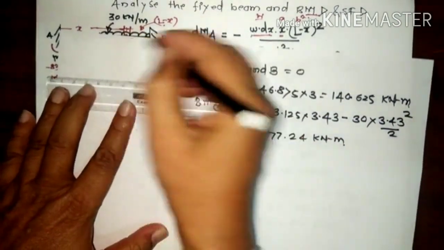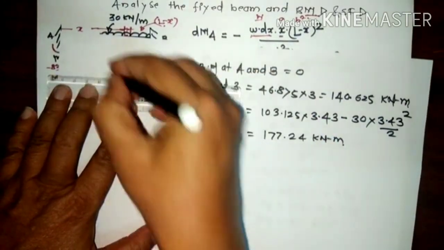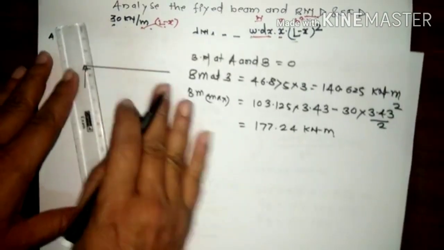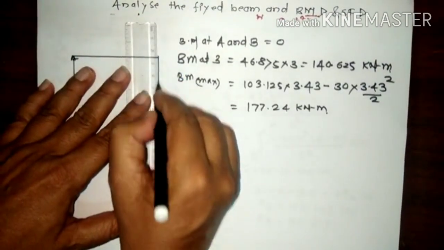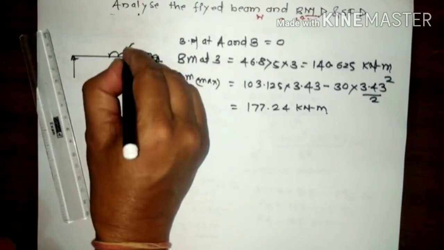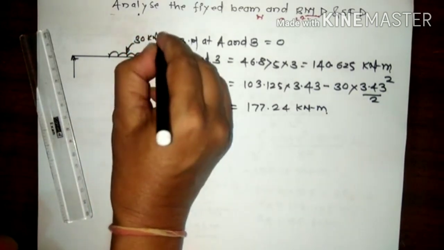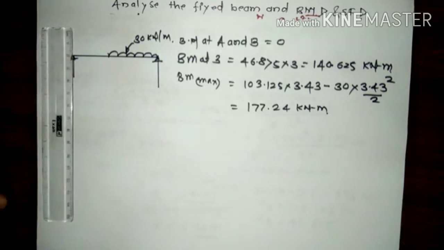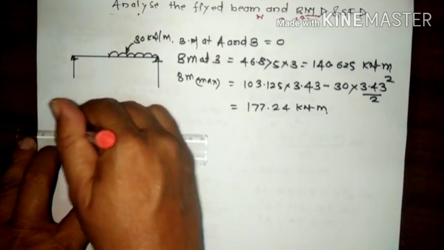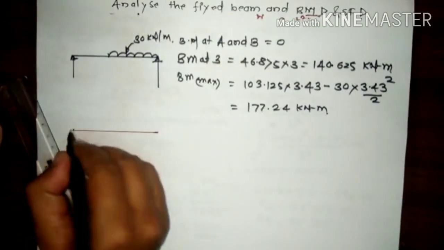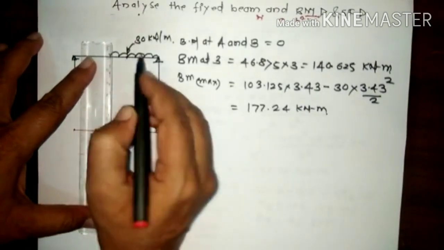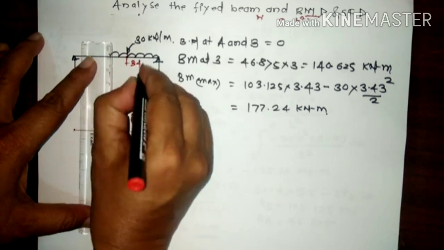Now we can draw the free BMD. Suppose this is our beam. Again we draw the beam, and this is the UDL. So we are drawing the free BMD. Now transfer this point; suppose the distance is 3.43.